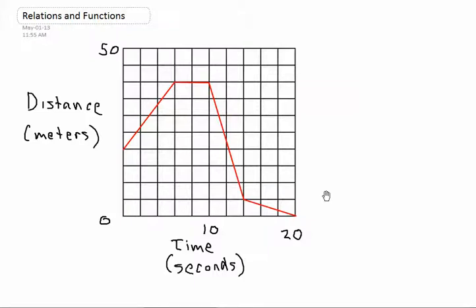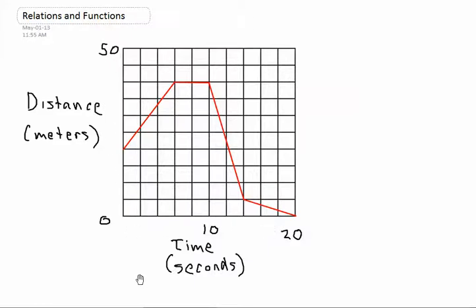Which one of these is the independent variable, distance or time? What do we say? Which one is the horizontal axis? Time. Remember, the horizontal axis is always your independent variable. So time here, this is our independent variable. Which one is our dependent variable? Distance.